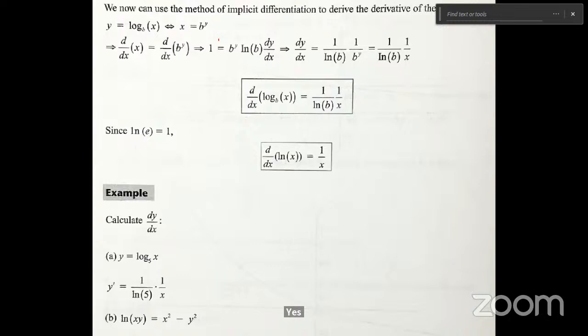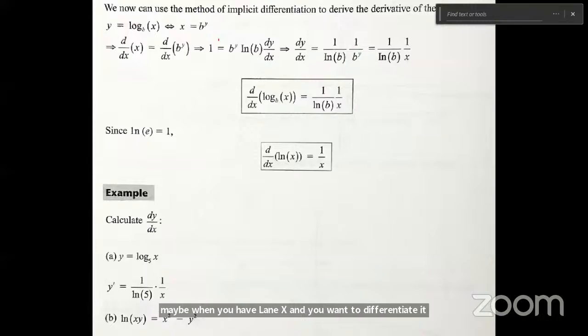Are you sure you didn't jump any steps? No. The first step, how do you get to what? x dy/dx plus y divided by xy. Please, you stated that when differentiating ln x, you get something like x prime divided by x.